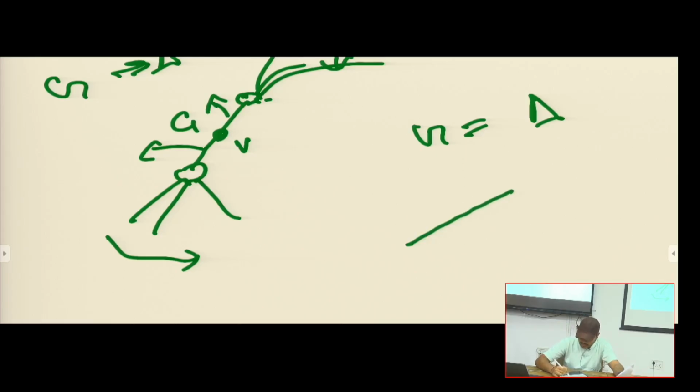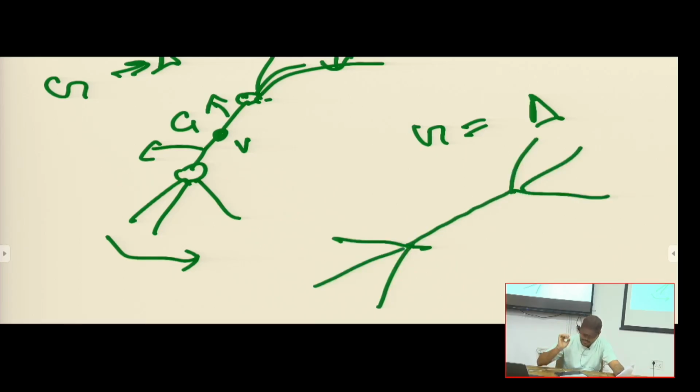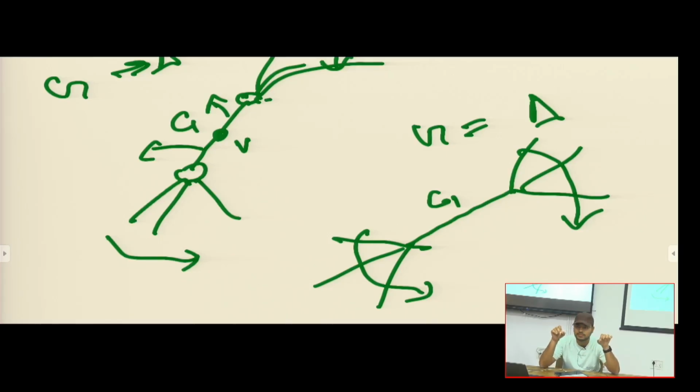I am taking this edge E, and since this is delta colorable, C1 is assigned to this edge initially. Only C1 is missing in all the edges here and here. All colors other than C1 are assigned to some edges over these two vertices.